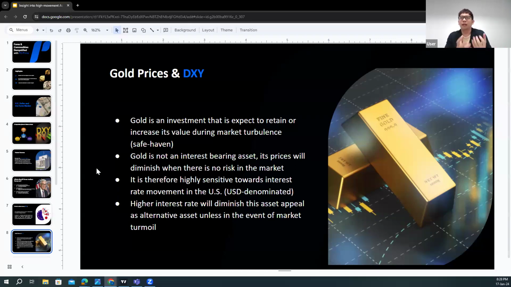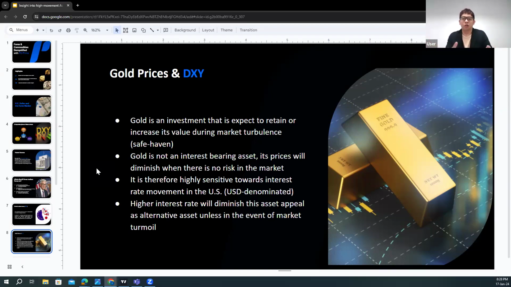Gold is just gold, but its value depends on, I would say, the status of the global markets and what's going to happen next. During peacetime, people will not go to gold. People will go to other risky assets, like maybe the equities markets.